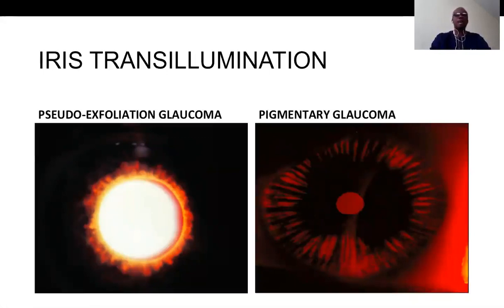This is usually around the pupil, because the dispersion of pigment in pseudo-exfoliation results from iridolenticular friction. Unlike in pigmentary glaucoma, where the slit defects are more peripheral, and this is because the dispersion of pigment is a result of iridozonular friction. So from this transillumination and the location, one should be able to differentiate.